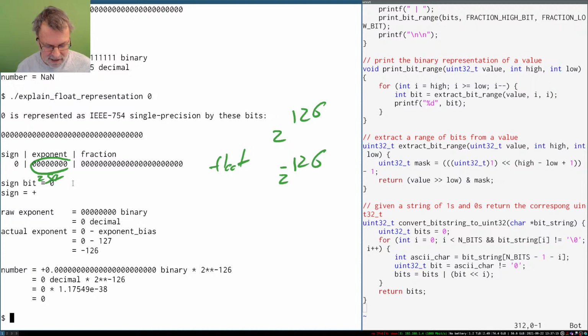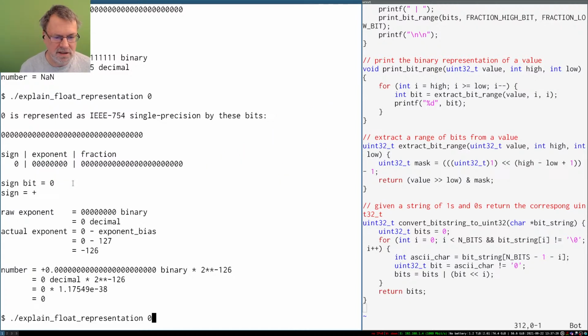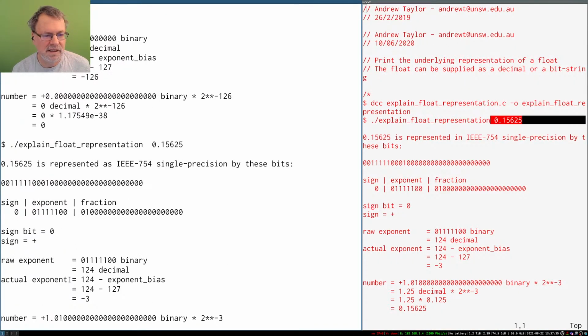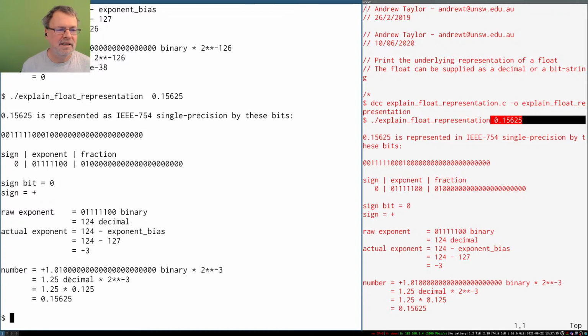All right, that's nice. Let's just try one or two other examples. I had some nice examples chosen up here. There's one. 0.1625.